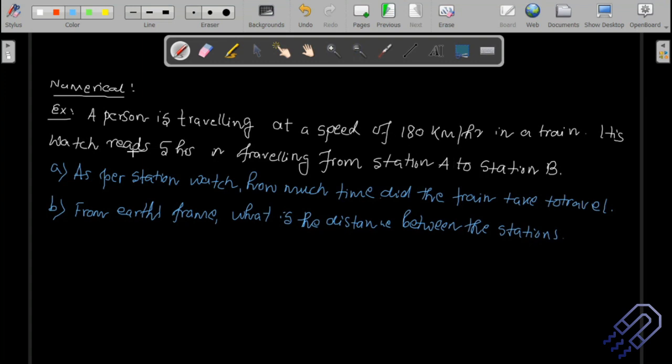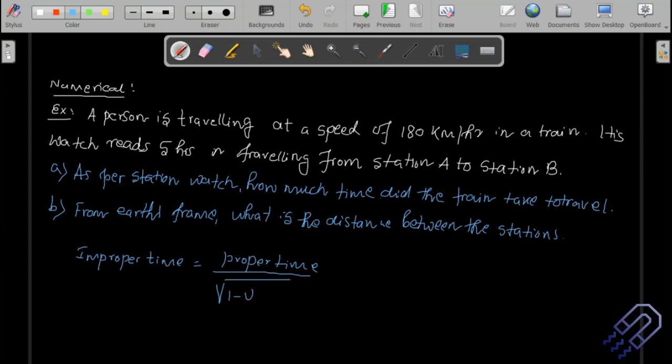You already know the proper time, and you are going to use this relation. Instead of mentioning delta t prime and delta t every time, if we take it this way, I think it looks like a much simpler concept: improper time equals proper time divided by root over 1 minus v square by c square.